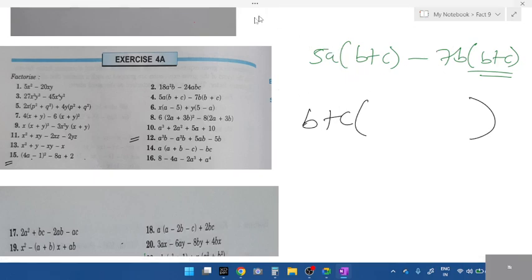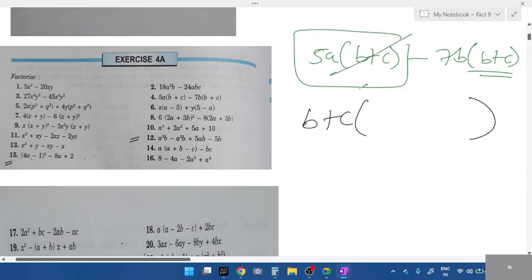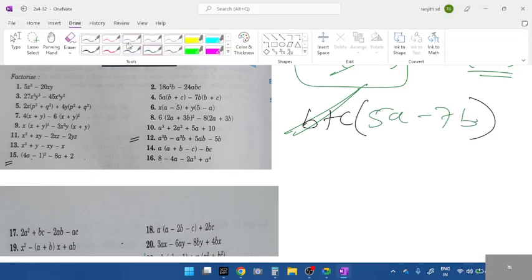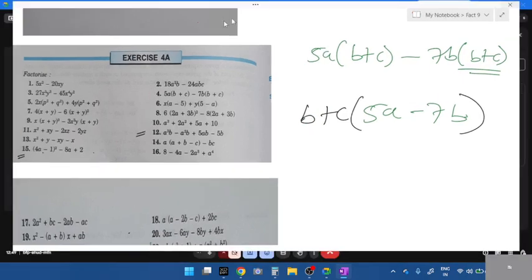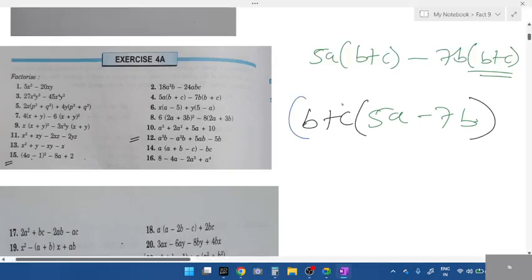How will you find it? In this entire question, if b plus c is cancelled, what is left? 5a minus 7b. Clear? You can write it like this. Yes, just put a bracket.